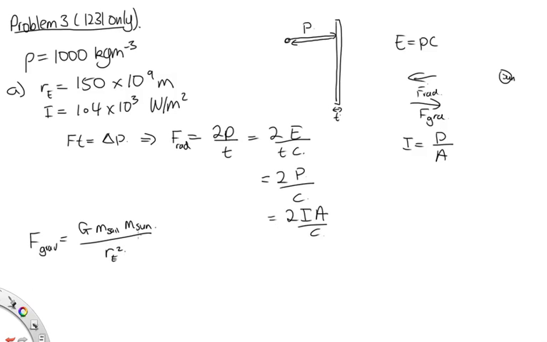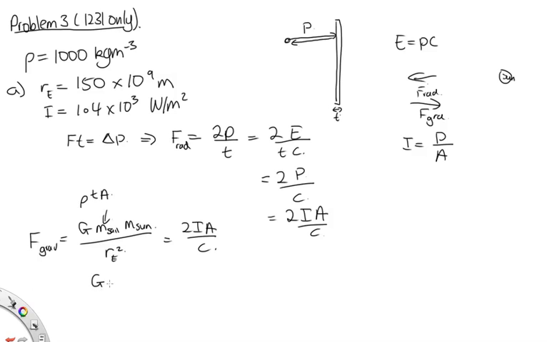So what we need to do now is equate these two things. So we've got this is equal to 2IA on c. And what we're trying to do is solve for the thickness. So let's substitute in for the mass of the sail. We know it's got a thickness T and it's got this density. So the mass is equal to the density times the thickness times the surface area.